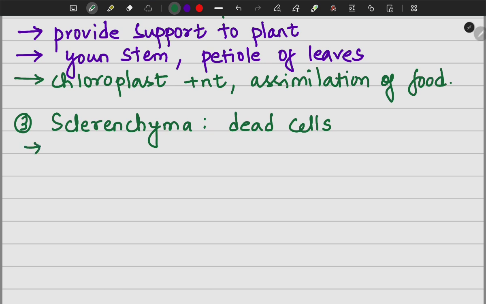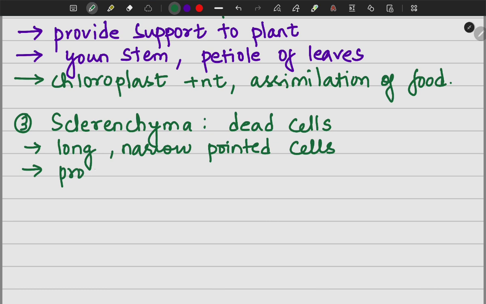Alright, it is made up of long, narrow and pointed cells. Protoplasm is absent in them because they are dead cells. Absent.